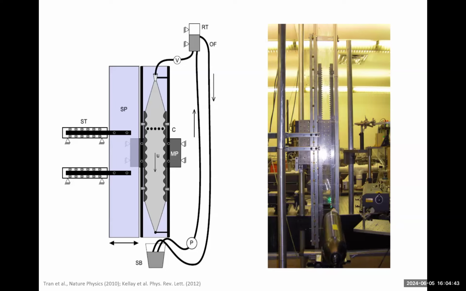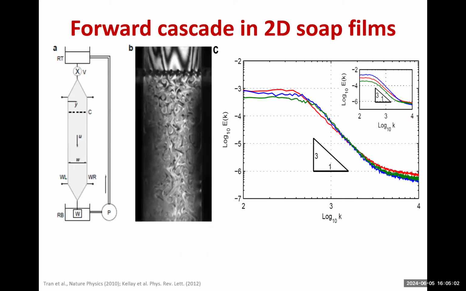So you get a 2-dimensional soap film. The water flows down here, and you put the salt grains on the outside. That's the cheap part of the experiment. The expensive part is you put little particles into the washing up liquid, and then you use a laser to scatter light off them, and then you do laser Doppler velocimetry to measure what is going on.